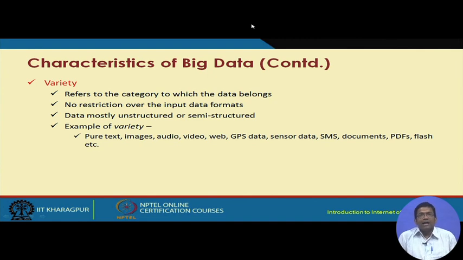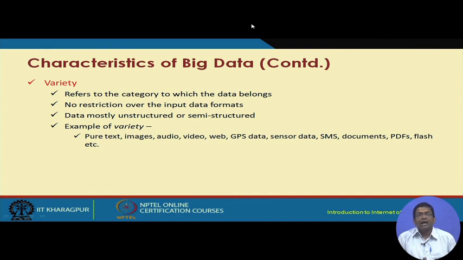Variety refers to the category to which the data belongs, and most of the data is either unstructured or semi-structured. Examples of variety are pure text data, images, audio, video, web, GPS, sensor data, SMS, documents, PDFs, flash, and so on.